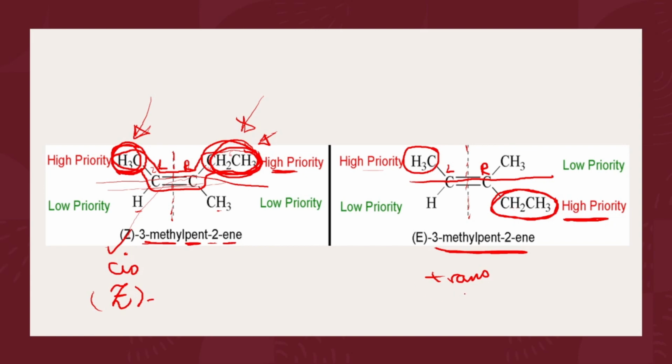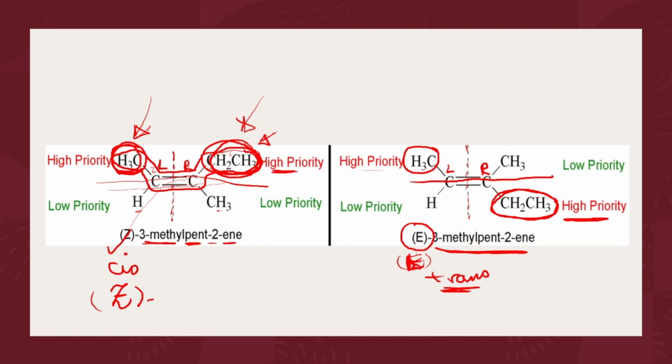So this is trans. What is trans by the IUPAC? We say it is E. Actually, E and Z are the first letters of the German words for right and left or something like that. I don't understand much German, but this is what I have read.